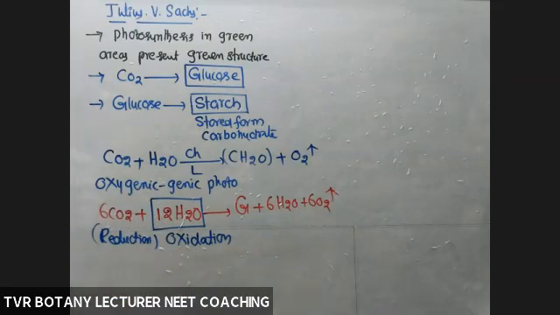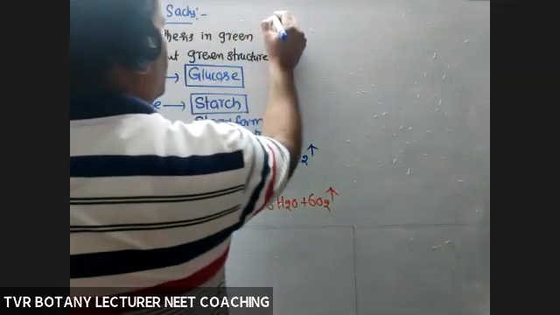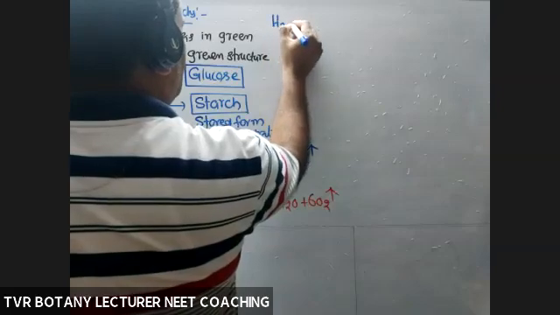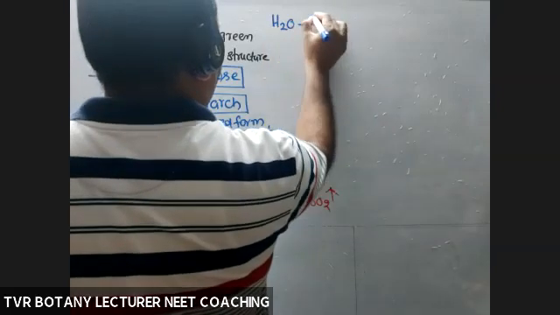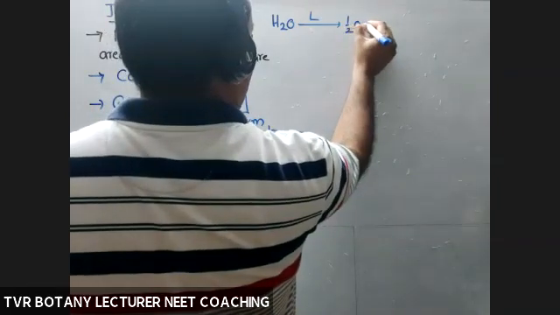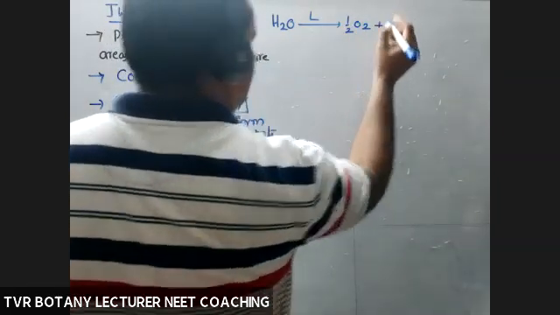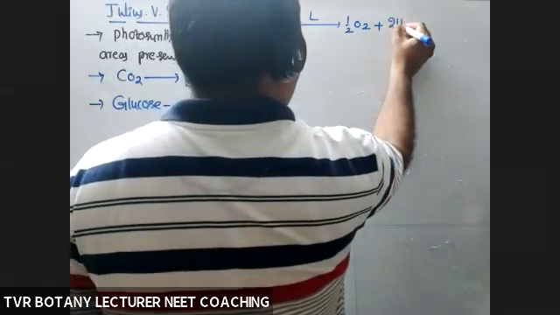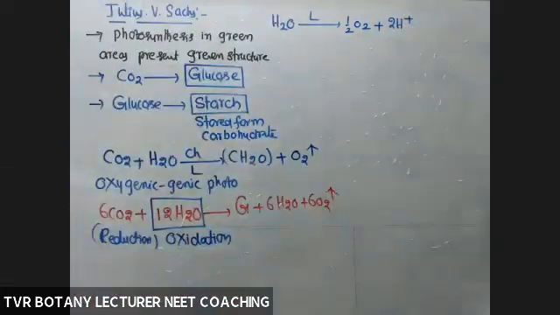During light reaction, H2O molecules are subjected to photolysis, splitting of water. Go back to 10th class, one H2O molecule photolyzed in the presence of light gives half O2 and 2H plus, that is oxidation of H2O molecule.